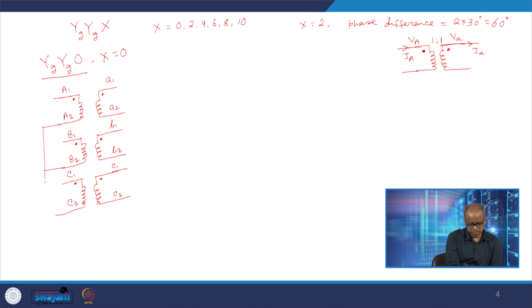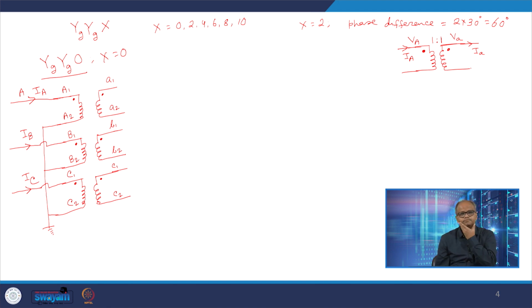I simply connect A2, B2 and C2 together and ground it, and I say that this is phase A, this is phase B, this is phase C. So I say that this is IA, this is IB, and this is IC. So these are the currents.